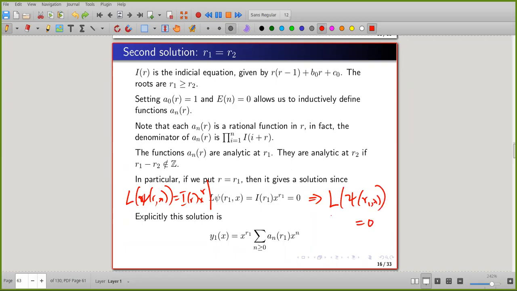Remember that we wanted to find solutions of Lf equal to 0, and since we have substituted r equal to r1, what remains is a function of x. So this is our first solution, which is what we saw last time: y1(x) is equal to x to the power r1 times the sum of A_n(r1) x to the n.